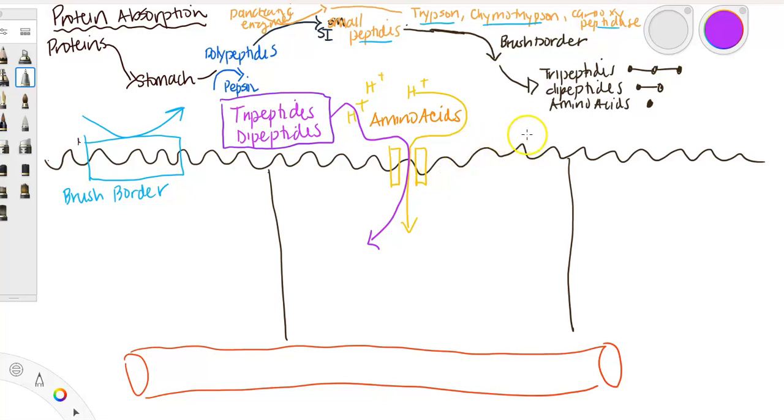All right. Also on this plasma membrane is sort of a pump that allows for hydrogen to be shuttled back out into the lumen with sodium coming in.